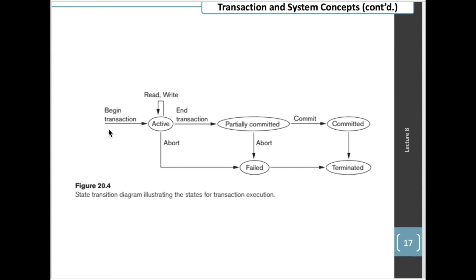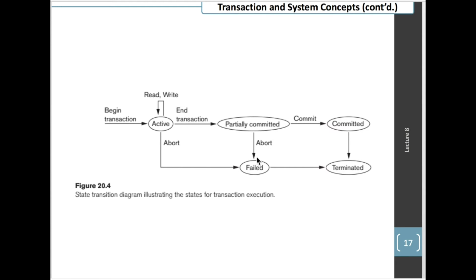Okay, so the diagram that shows the states of a transaction is here. We begin with the transaction becoming active by writing and reading. Then it ends with partially committed and then abort, or directly aborted.